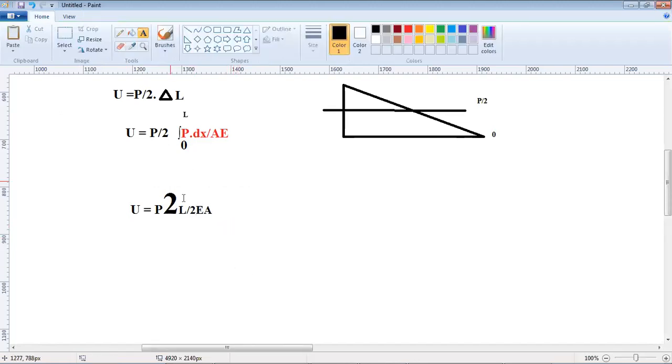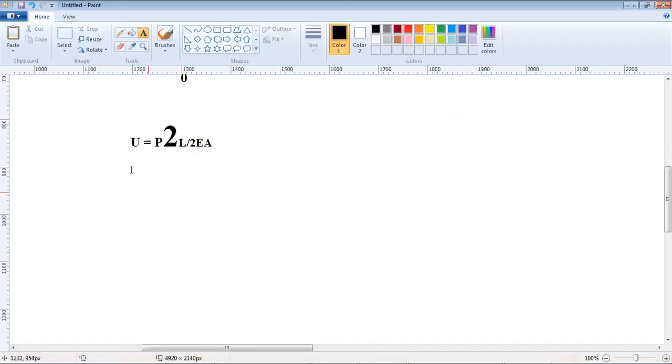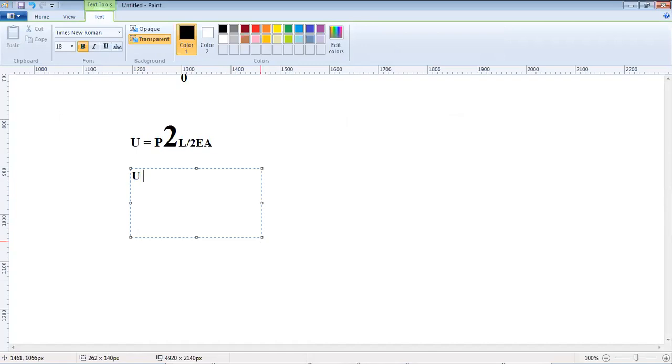So this is the equation for U. It is U equal to square of P into L divided by 2AE.